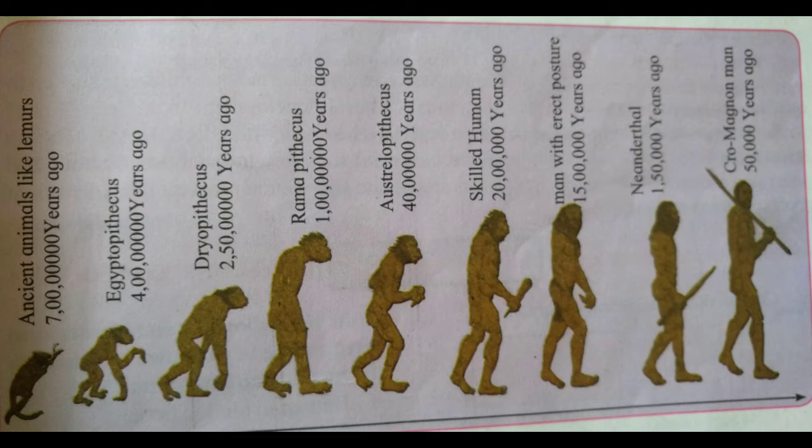The remaining ape-like animals stayed in Africa, and from these animals gorilla and chimpanzee evolved near about 2.45 crore years ago. Evolution of some of the 2 crore year old species of apes seems to have occurred in different ways. They had to use their hands more for eating food, holding things and for other work.